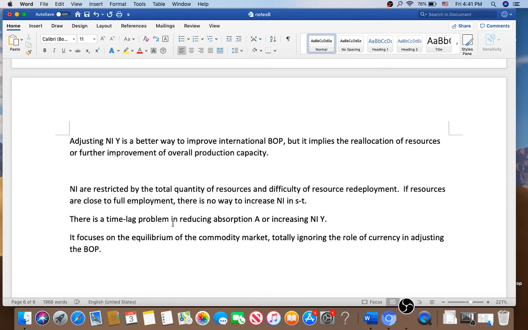In practice, the increase of income depends on improvement of productivity, which is likely to result in a contradiction between the improvement of productivity and the demand for resources and the import of machinery. As a result of the import of machinery or raw materials and intermediate products, the adjustment of international balance of payments will be difficult.